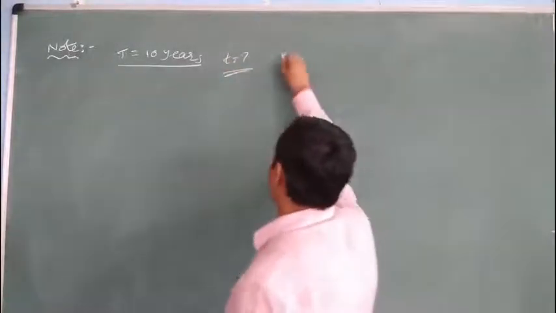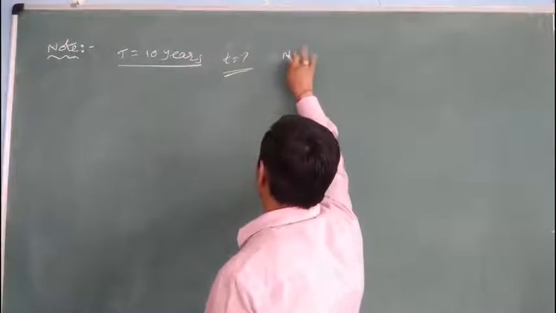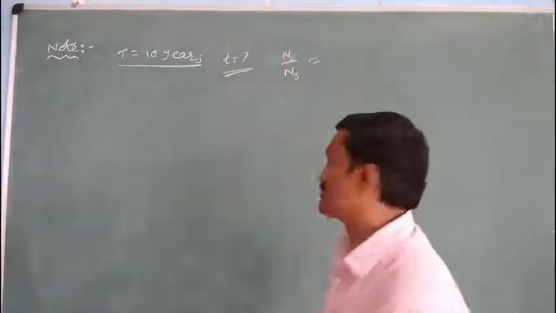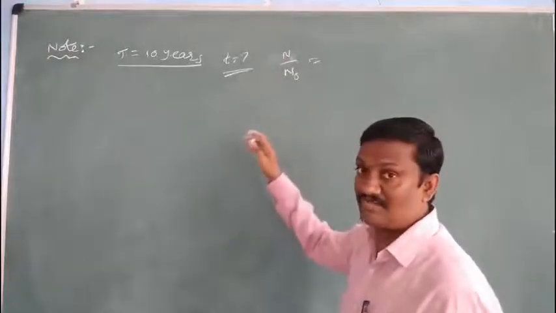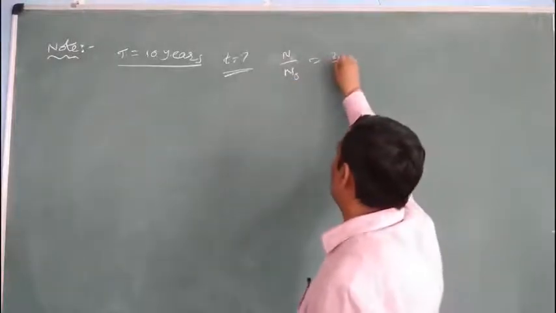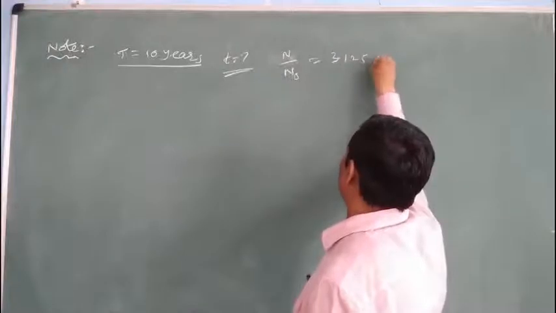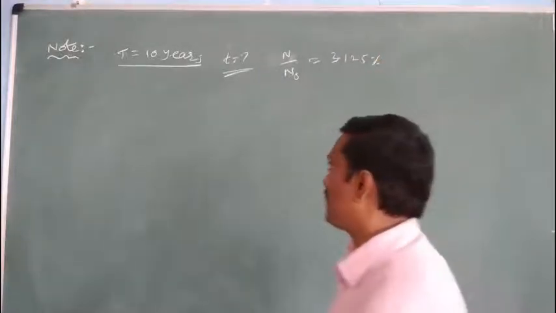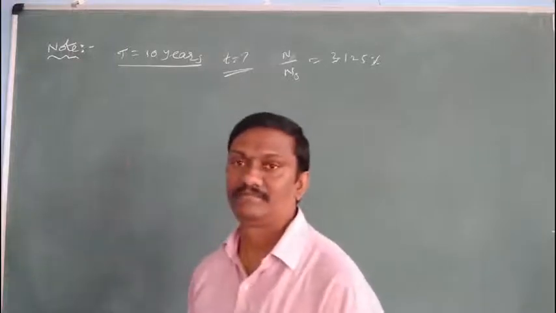does the fraction of atoms undecayed become 3.125%? So the time for one half-life is given as 10 years.